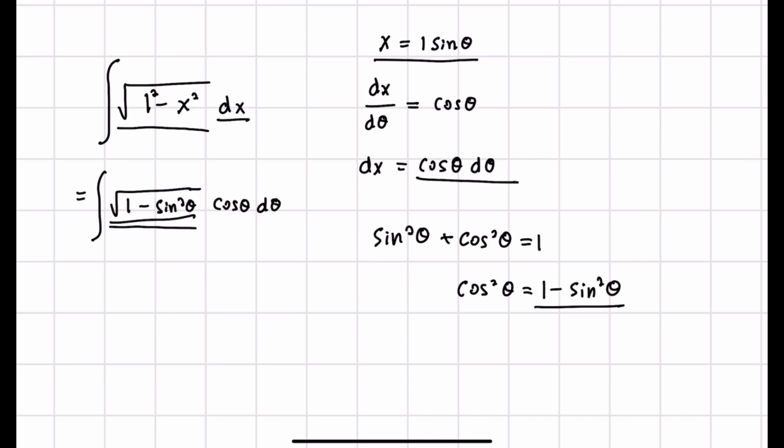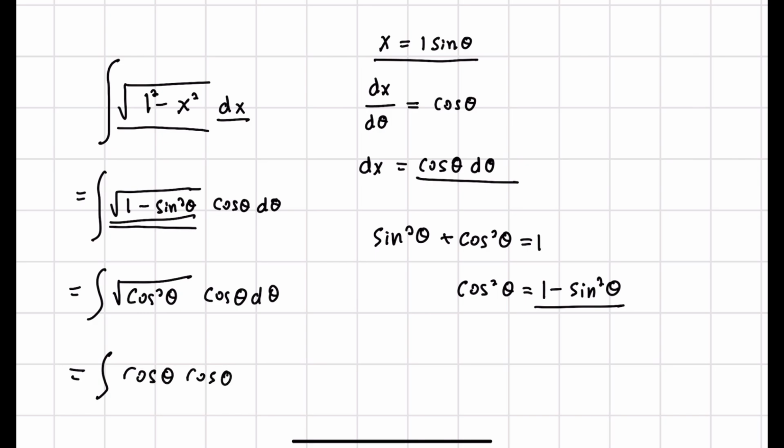So we have the integral of root cosine theta squared times cosine theta. Since we have a root and a cosine theta squared, it would be cosine theta times cosine theta, and this is equal to cosine theta squared.